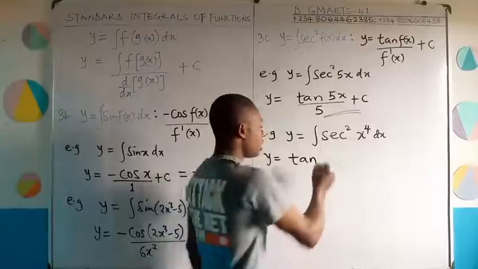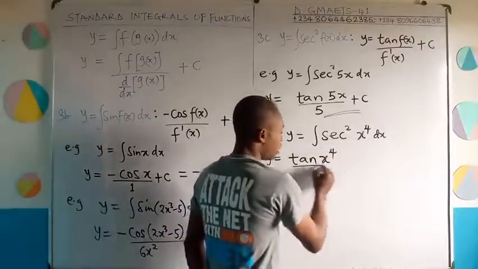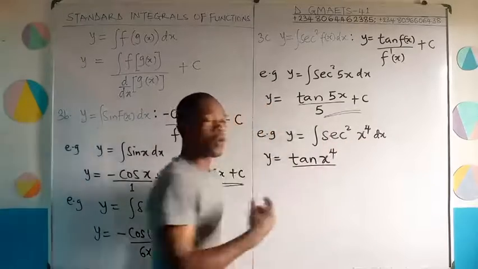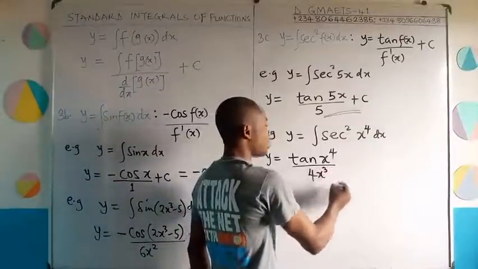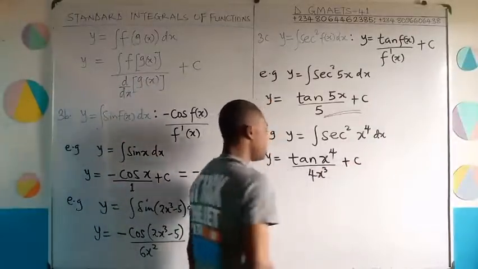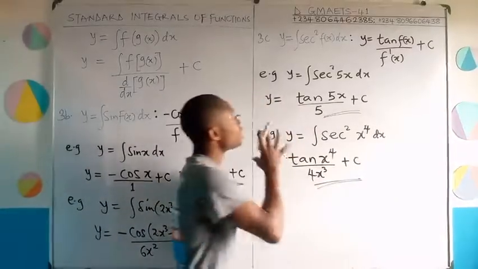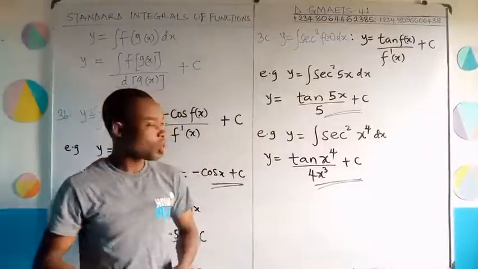Tan what? Tan of x raised to the power 4, the minor function. And then divided by, we shall differentiate the minor function x raised to the power 4. Differentiated will give us 4x raised to the power 3. And then we shall add the constant of integration. And that is how we handle the standard integral of sec square.